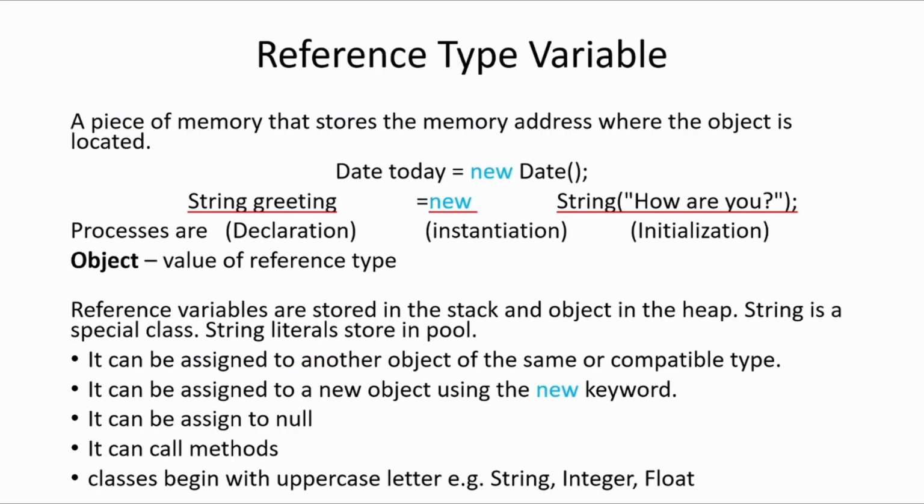The second is a reference type variable. Primitive type is storing the data on the stack. Reference type is a piece of memory that stores the memory address where the object is located. The object is in the heap and has an address. That address is stored in the stack inside the reference type variable. If I write Date today equals new Date, what would happen?